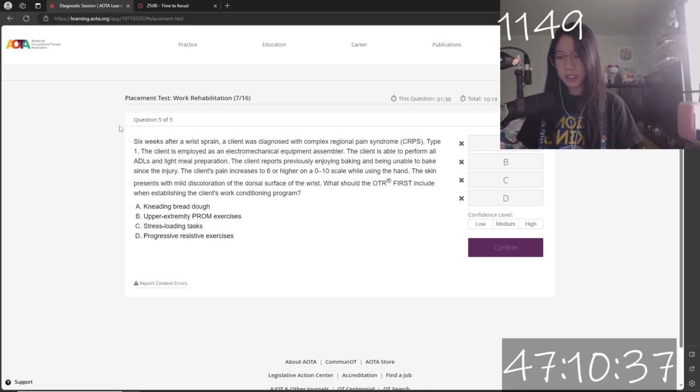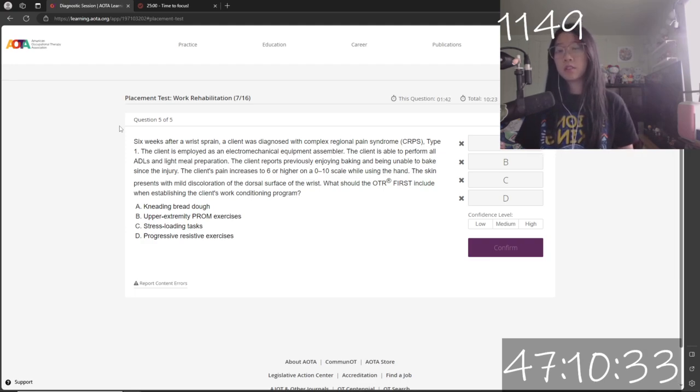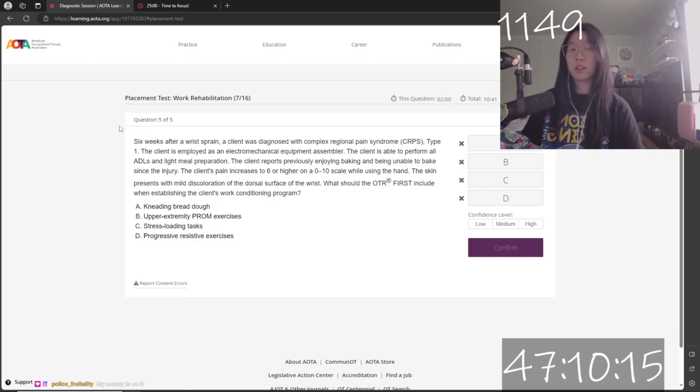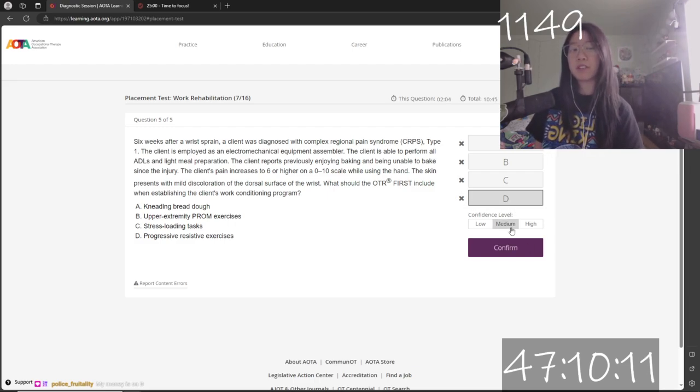This is a weird question. Upper extremity PROM? No, he can do ADLs and stuff, so not B. Stress loading? I feel like with a pain level of 6, you should not be stress loading. A seems irrelevant. Progressive resistive exercises? I think so. Medium confidence.